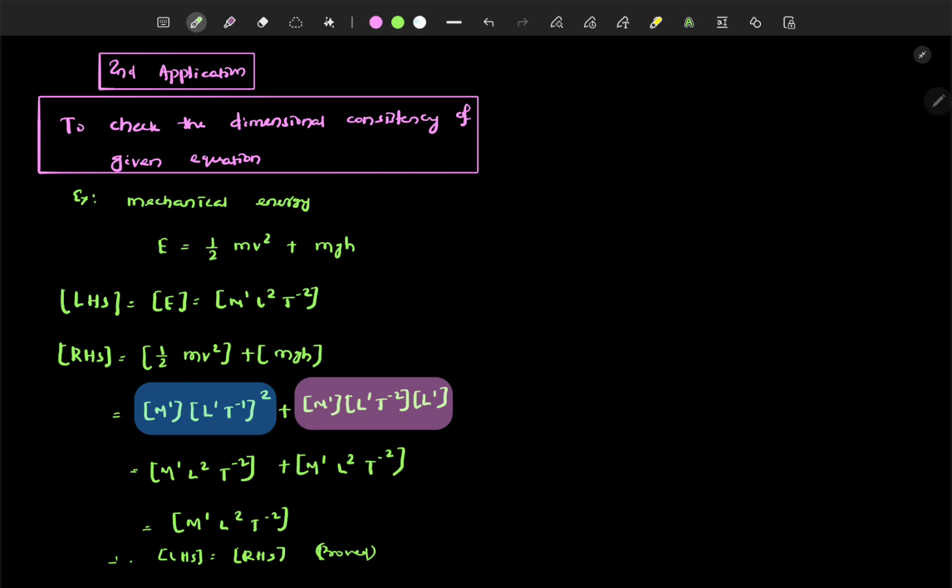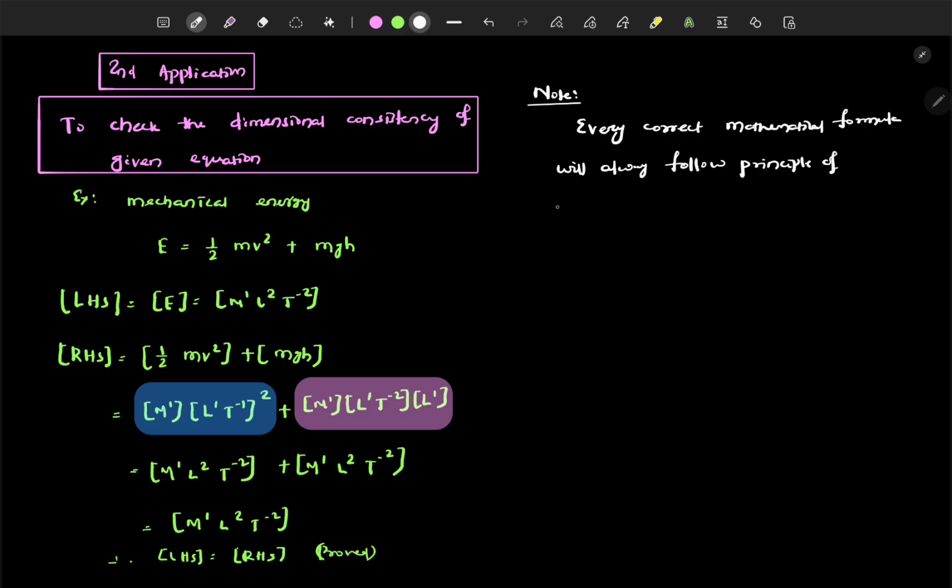Okay, so always remember one note point. This is one important point actually. In this note point, listen properly. Every correct mathematical formula will always follow the principle of dimensional homogeneity.